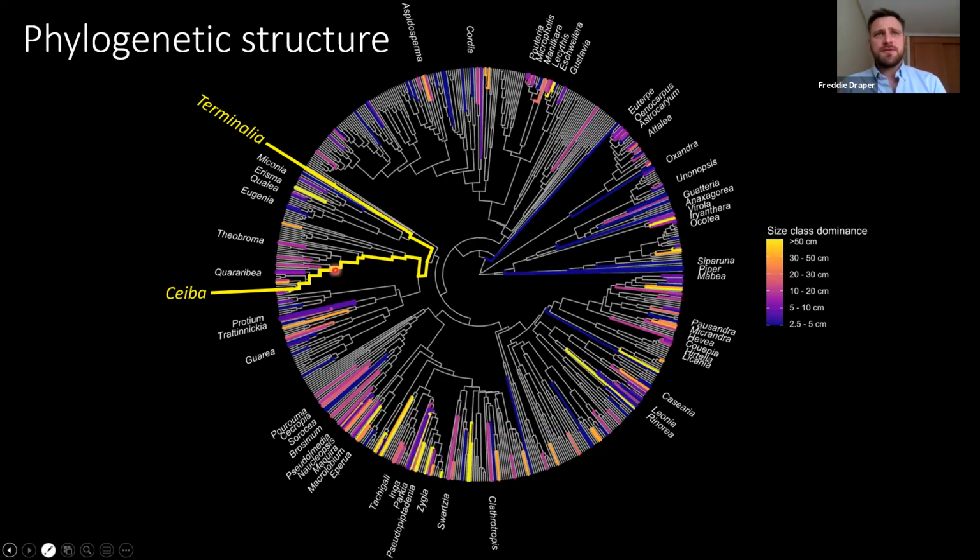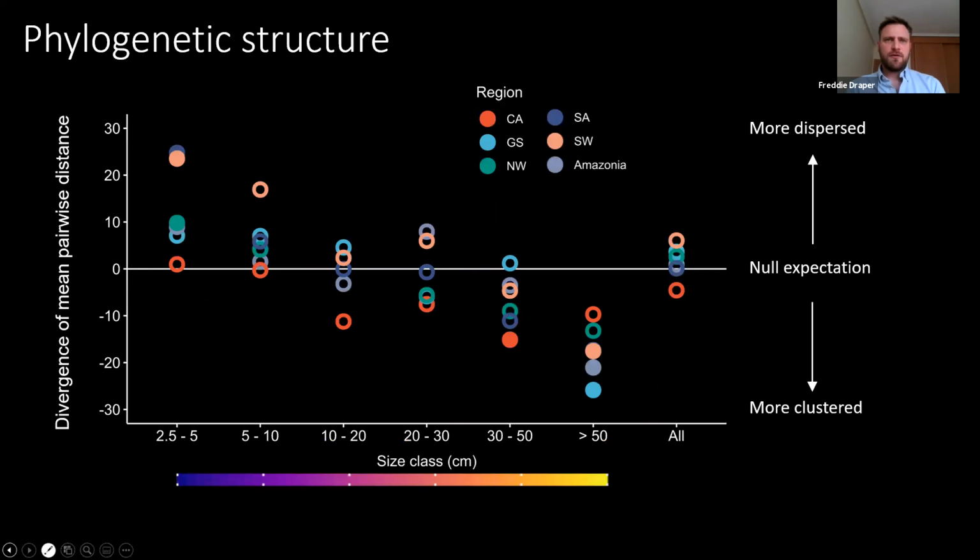What we used was the mean pairwise phylogenetic distance. We take 2 genera and measure the distance, the length of all these nodes on the tree. We measure how far that is, and then we do that for all the hyperdominant species in each size class in each region. And that's what this next figure shows.